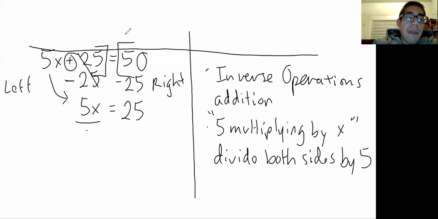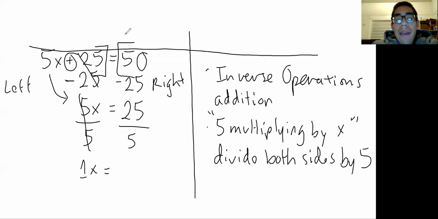So I divide this side by 5. Notice I did the fraction. Here I divide this side by 5. So 5 divided by 5 is just 1. So I end up with 1x is equal to 25 divided by 5. Put that into the calculator, 25 divided by 5, and we end up with 5.